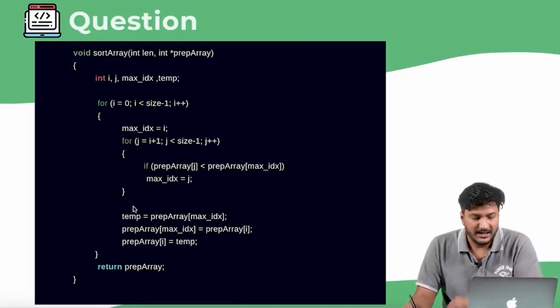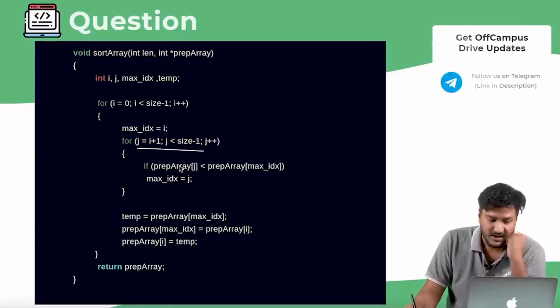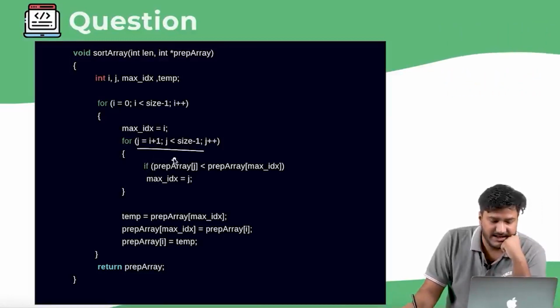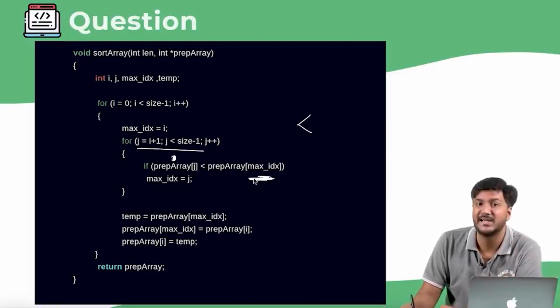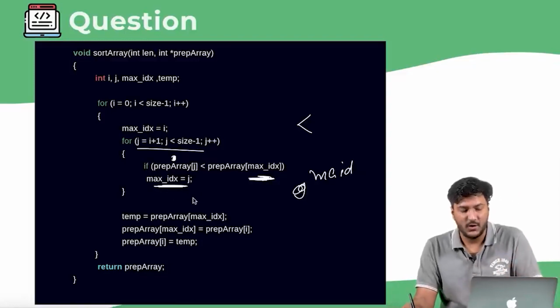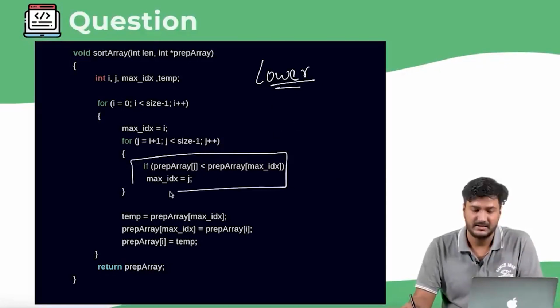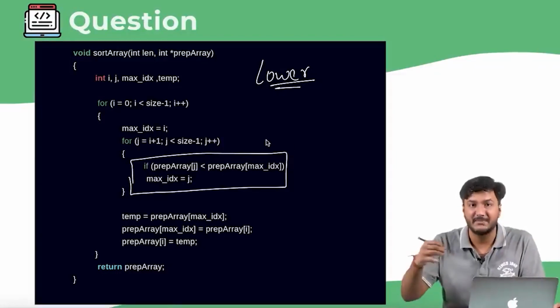Now what is happening here: in my second for loop, they are saying that if the current index value is lesser than the max index value, then you store that the max index is j. So you are basically trying to find the lower value in these lines, right? You should not be doing that. Rather than that, you are supposed to find the maximum value.